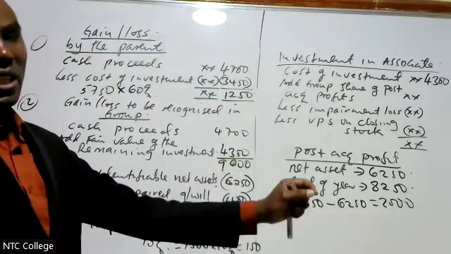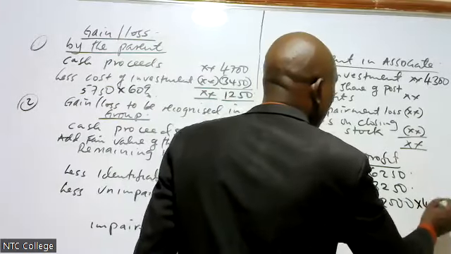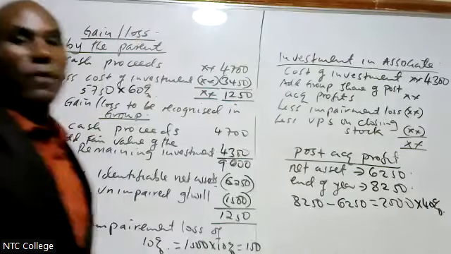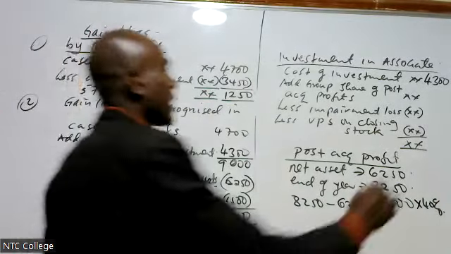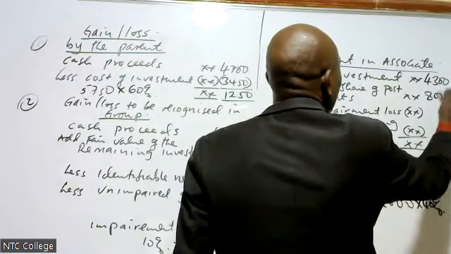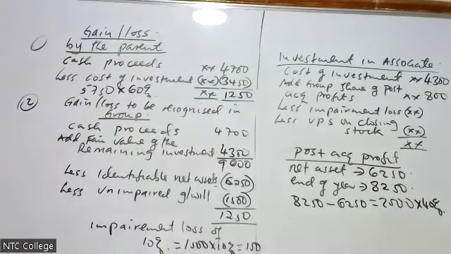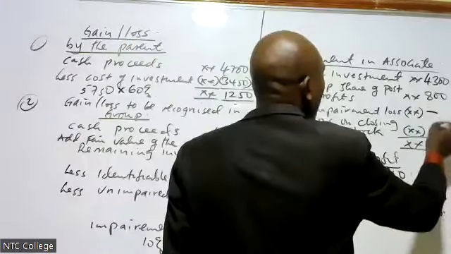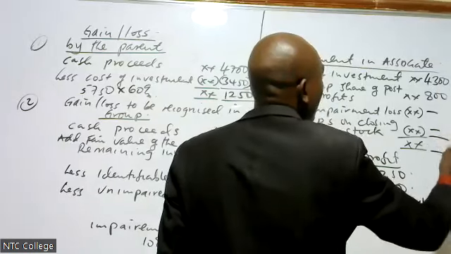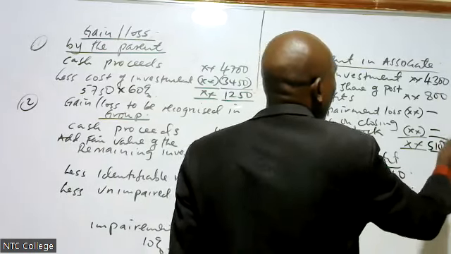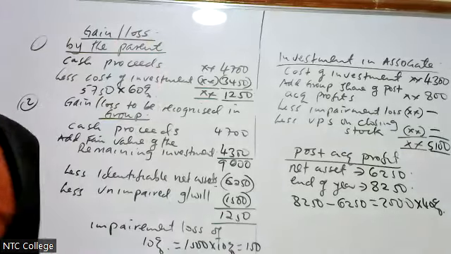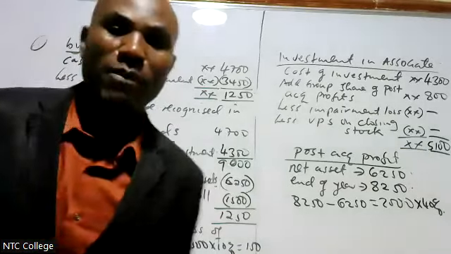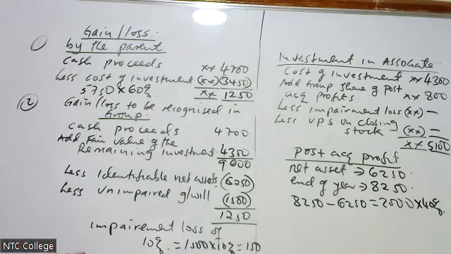I will take 40% of that, which is 800. These other items are not there. Therefore, that is 51. Investment in associate is 51.